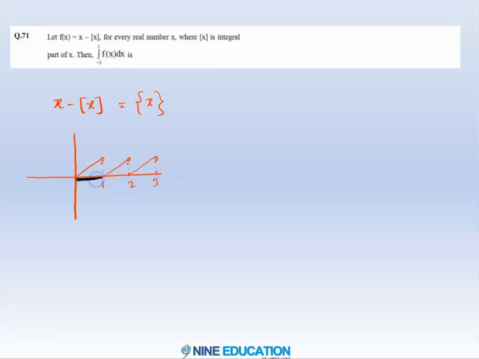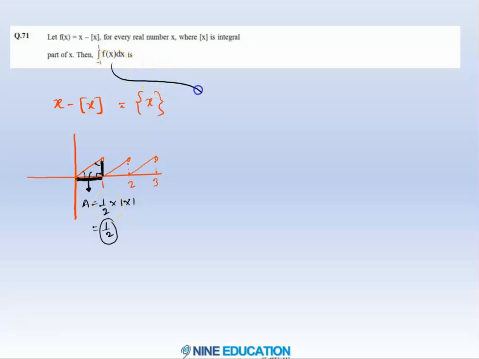So it always repeats, and every time you can see there is a formation of a triangle. If this is 1, the height will also be 1, because this is at 45 degrees and this is 90. Since we know the sides of this triangle, the area of one triangle is 1 by 2 base into height, which is 1 into 1. So every triangle contributes 1 by 2 square units.